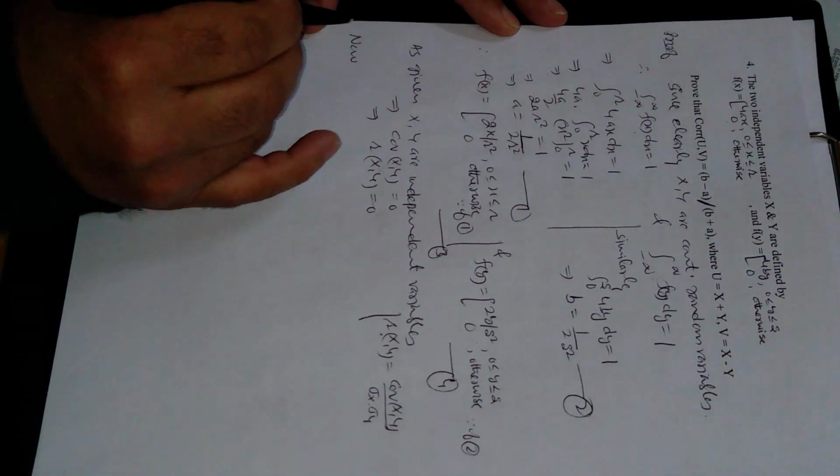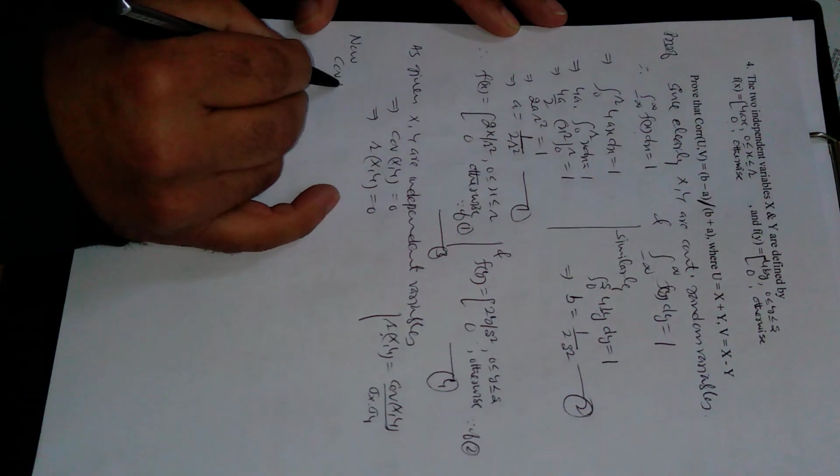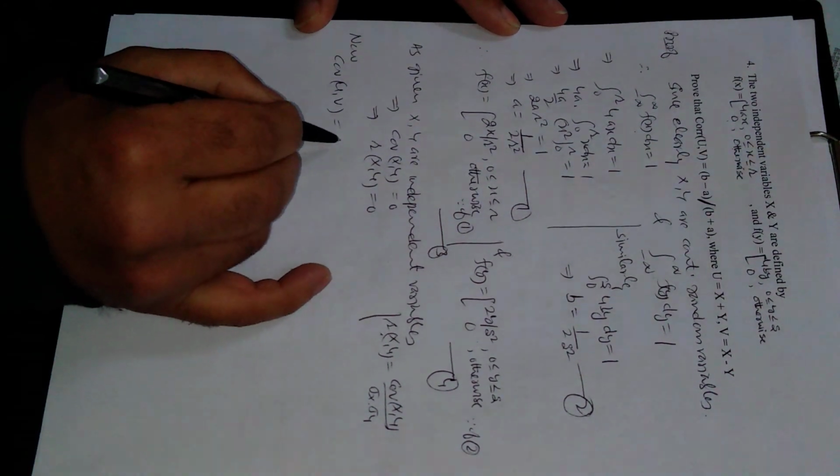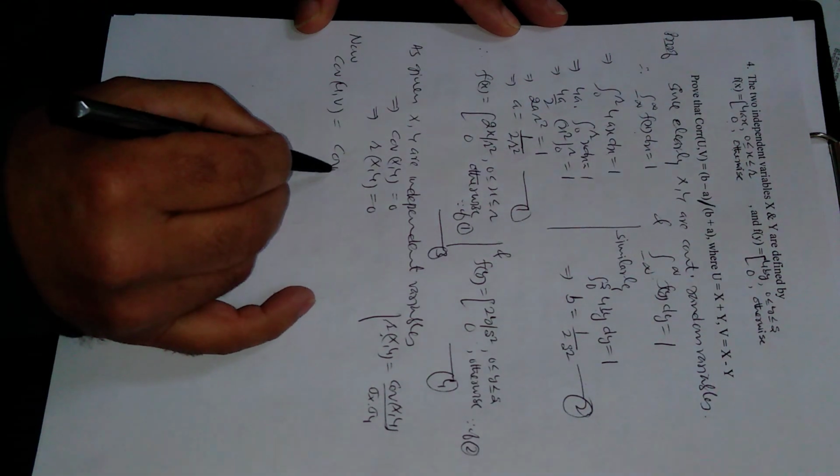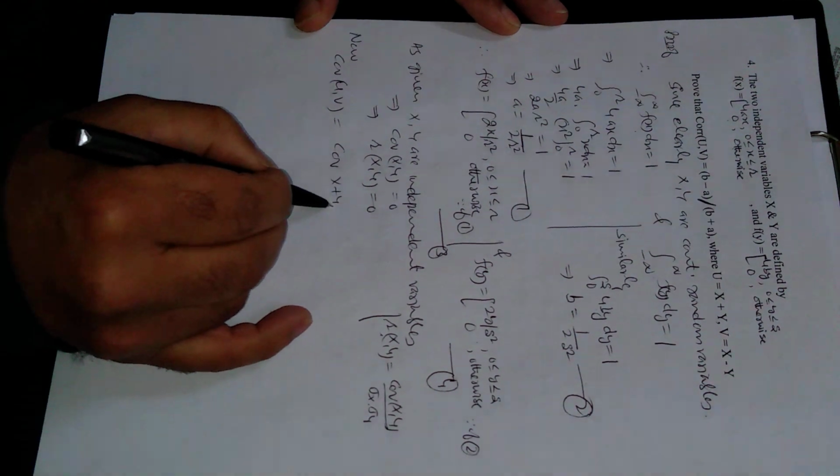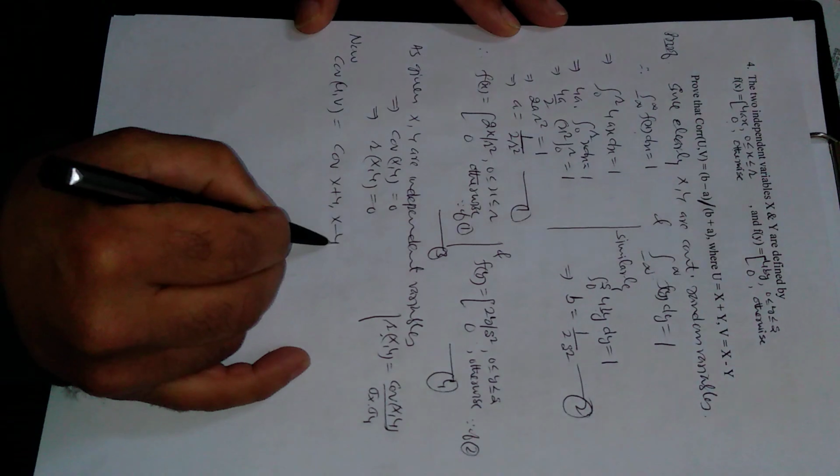Now the covariance between u and v: substitute the values of u and v. U is x plus y and v is x minus y.